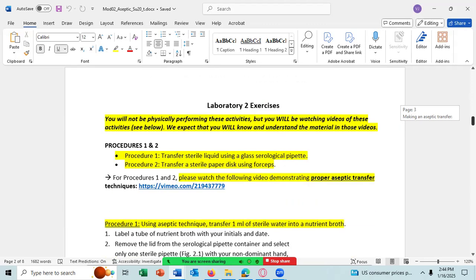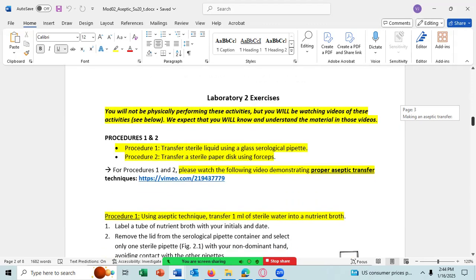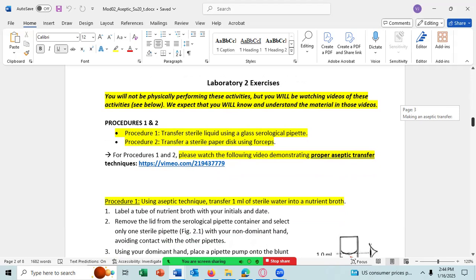In this lab, you're not physically going to be performing any of these activities because everything we do will be done online. But you will be watching videos of these activities, and we will give you results of the activity. We expect that you will know and understand the material in these videos and in the pictures of the results that we give you.